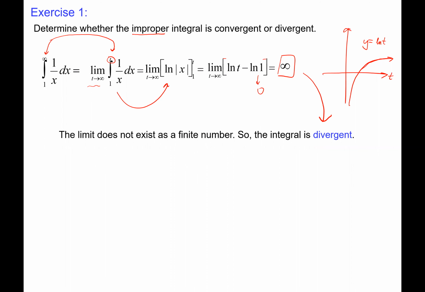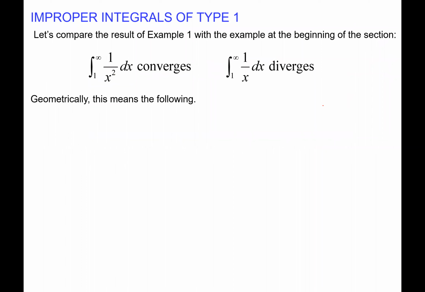Now let's look at some comparisons. We integrated the function 1 over x squared dx from 1 to infinity, and the function 1 over x dx from 1 to infinity. One of them had a finite number as a limit, and one of them was huge, infinity, divergence.